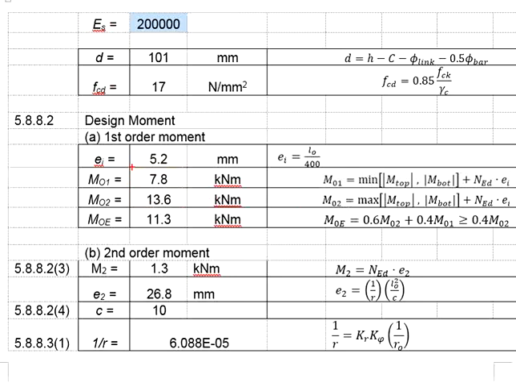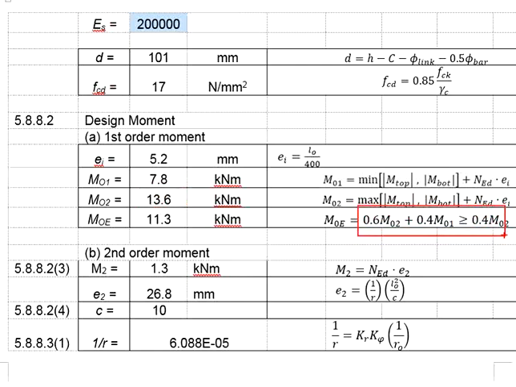You will need to get the M01 and M02 correct, as you need them to calculate the M0E, which is 60% of M02 plus 40% of M01. This calculated value will need to be compared with 40% of the M02.